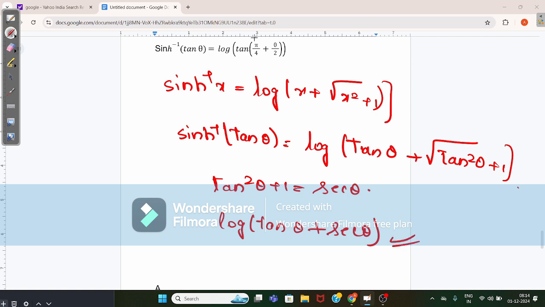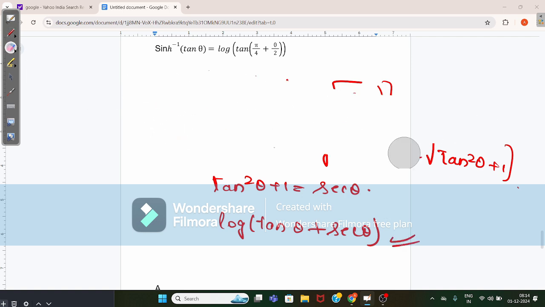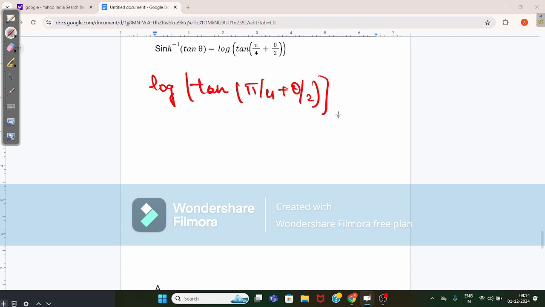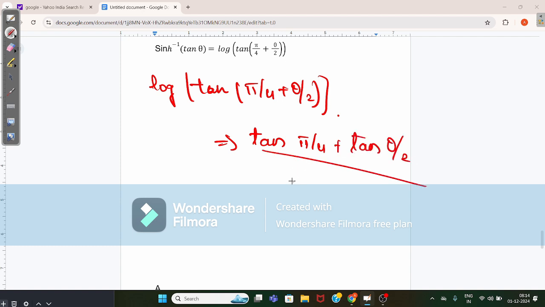Now take the LHS value here, log of tan of pi by 4 plus theta by 2. This can be written as tan pi by 4 plus tan theta by 2, divided by 1 minus tan pi by 4 into tan theta by 2.